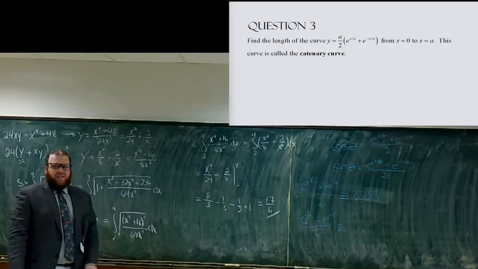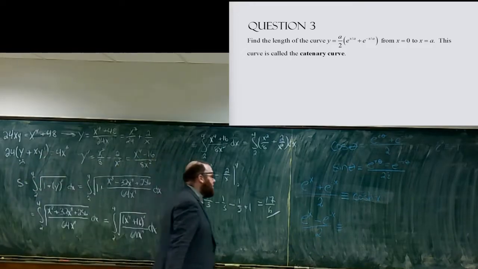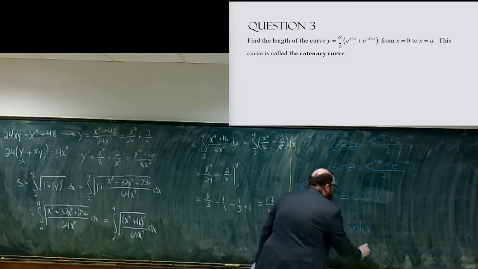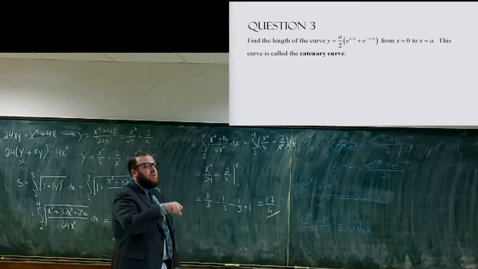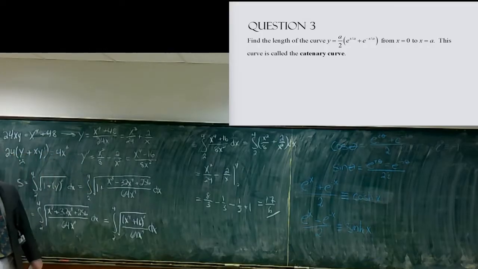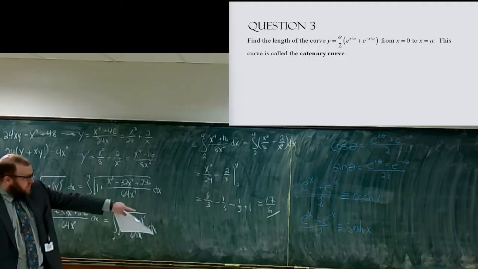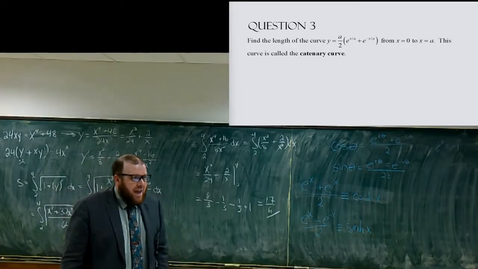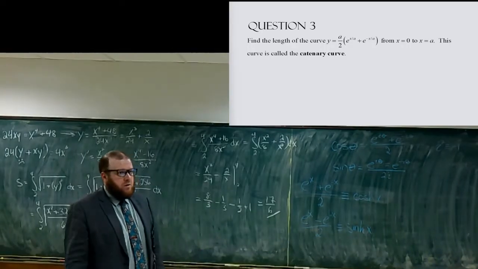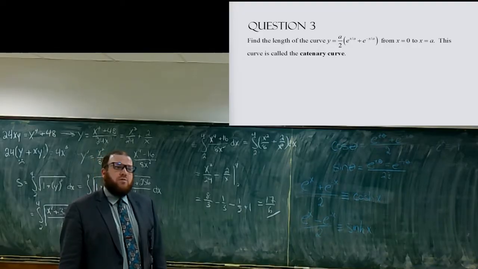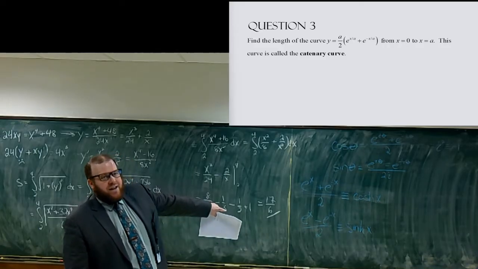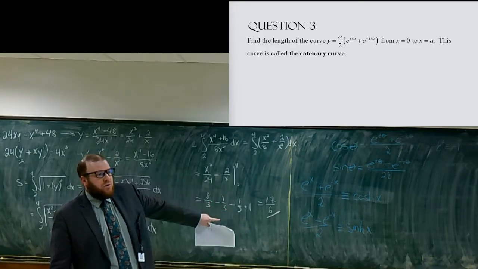E to the x minus e to the minus x over 2, we call that the hyperbolic sine. And then there's an entire branch devoted to the study of the hyperbolic functions. And they have properties much like the trig functions do. So hyperbolic sine over hyperbolic cosine is hyperbolic tangent.